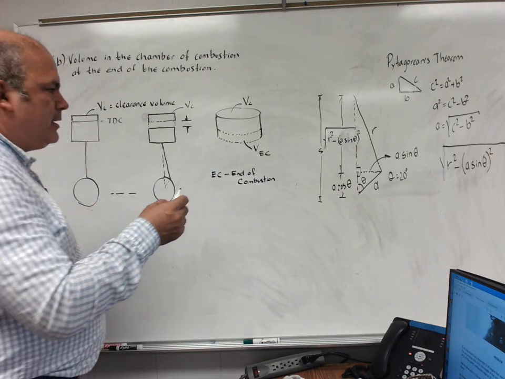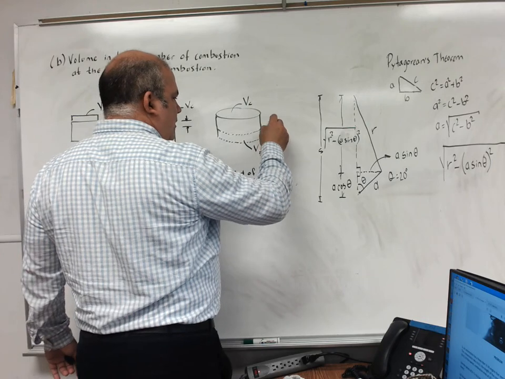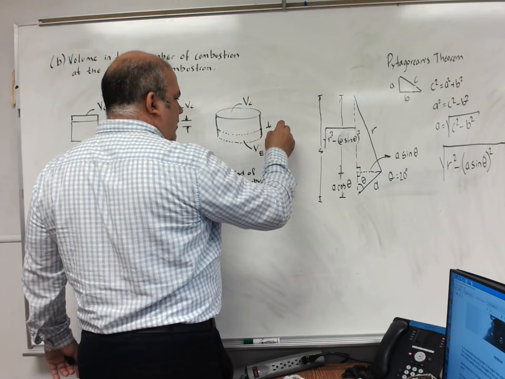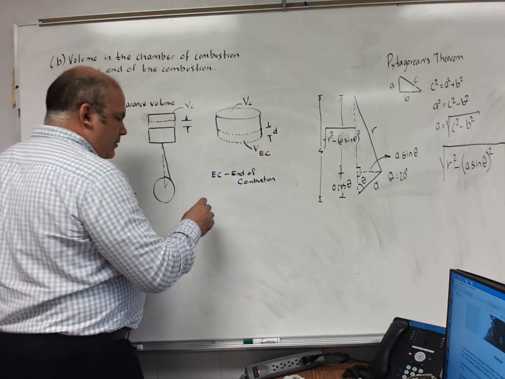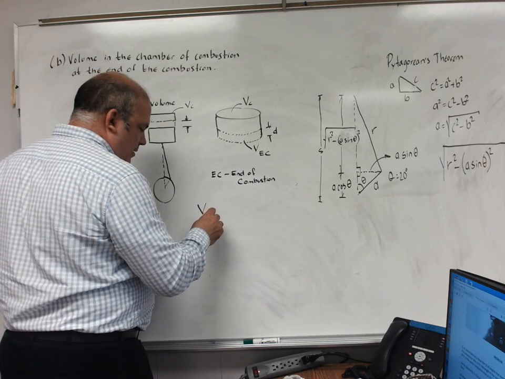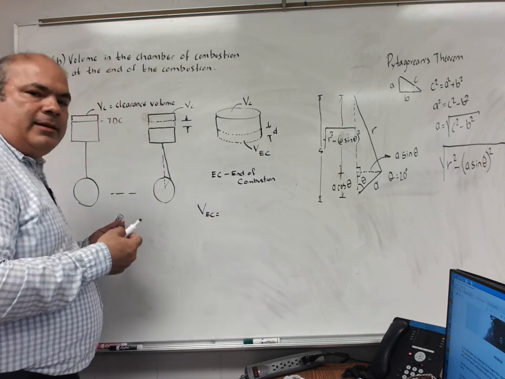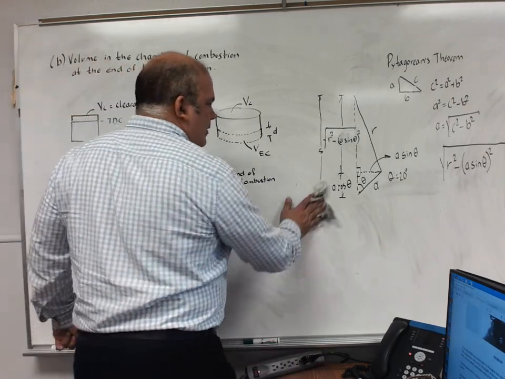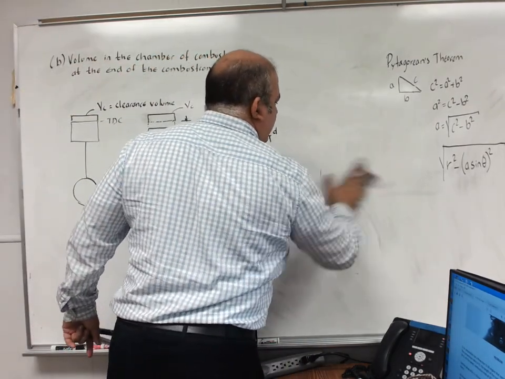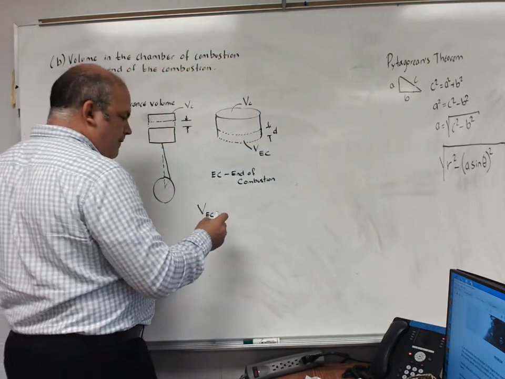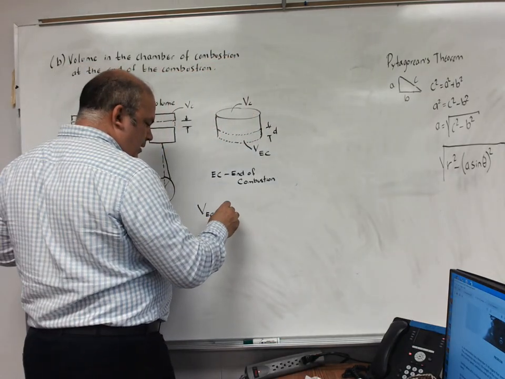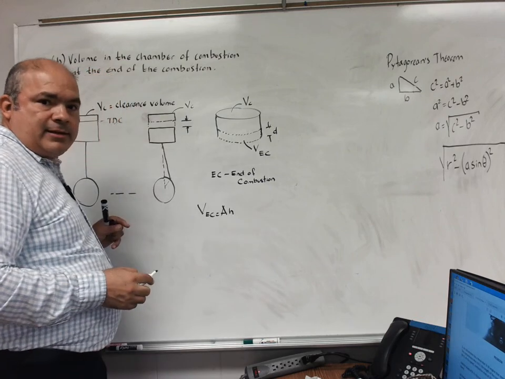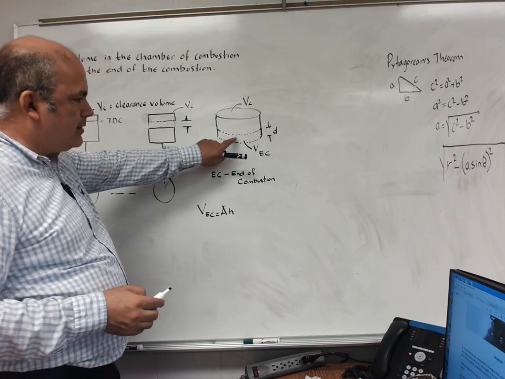So this EC will be, again, calculating the volume of a cylinder. So we have, remember, area times height of only this small volume.